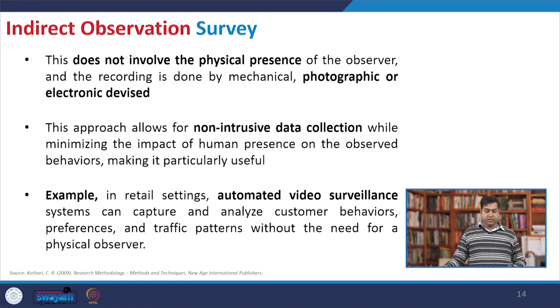Indirect observation, this does not involve the physical presence of the observer or the researcher or the surveyor you deploy, and recording is done by mechanical, photographic or electronic device. So you are not on the spot, but you have the recorded video. So in such cases you can later on synthesize and you can do some image processing or video processing by which you will try to understand the behavior.